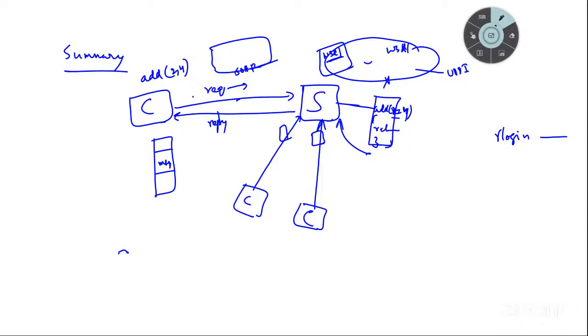So all these web services, where can we locate them, where can we find them?